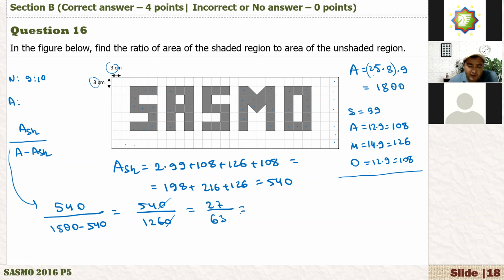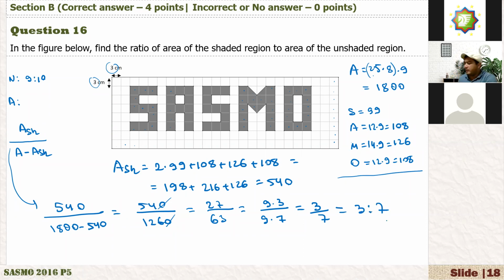Now the common factor is 9, so 9 times 3, and 9 times 7. So it is 3 over 7. So the answer is, the ratio is 3 to 7.